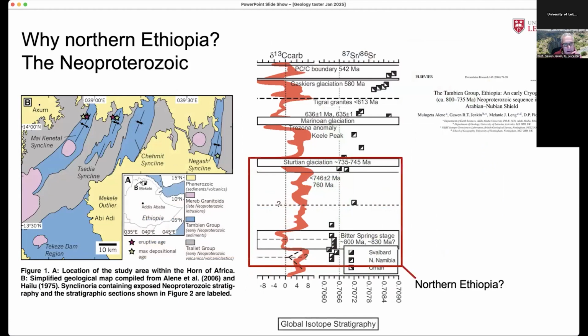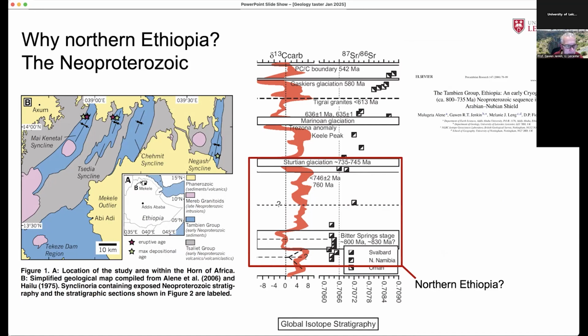Okay, so we've got a little geological map here on the left, so you can see where we are relative to Addis, the capital. So we're right up in the north. We take a flight up to Mekelle, and then we are in this area of Neoproterozoic rocks, and we have this Tambian group here, Neoproterozoic sediments in big syncline structures where they're preserved.